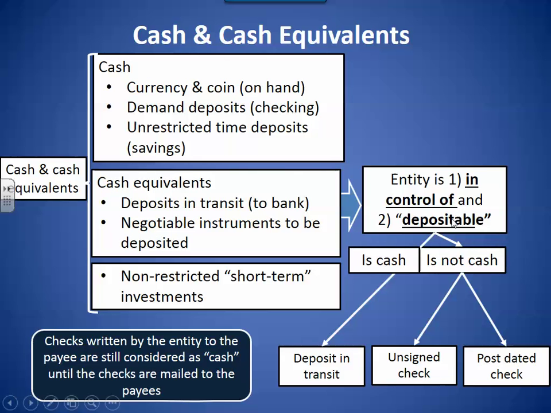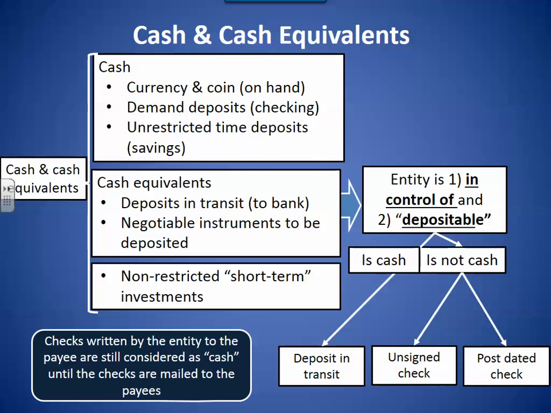As an example of control and depositable, a deposit in transit is considered cash because we are in control of it, and it is depositable. On the other hand, an unsigned check, in other words, if somebody sent us an unsigned check or a post-dated check, those checks, even though we have control over them, really can't be deposited or honored by the bank until there's a particular point in time or the check has actually been signed.